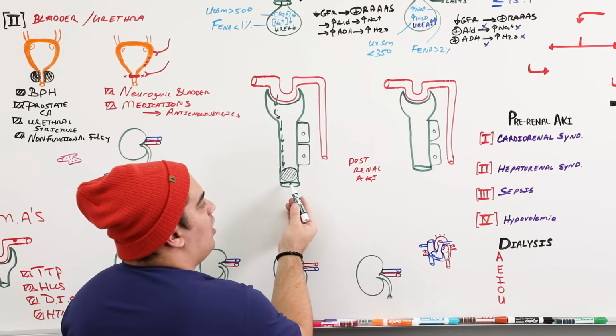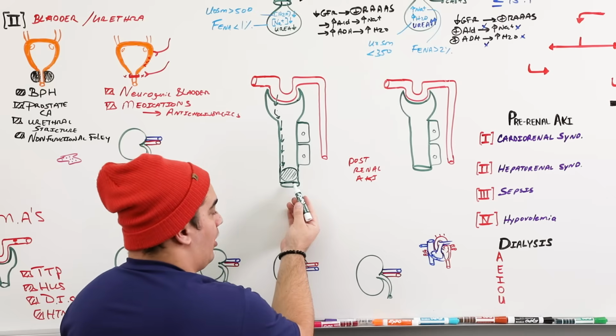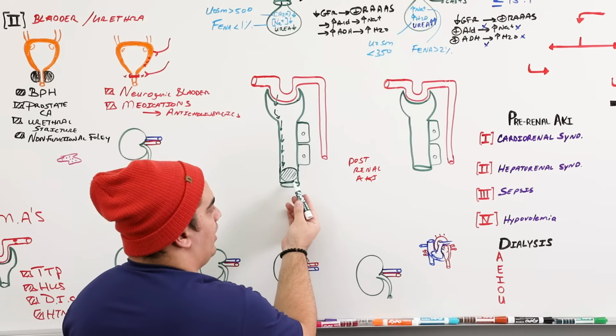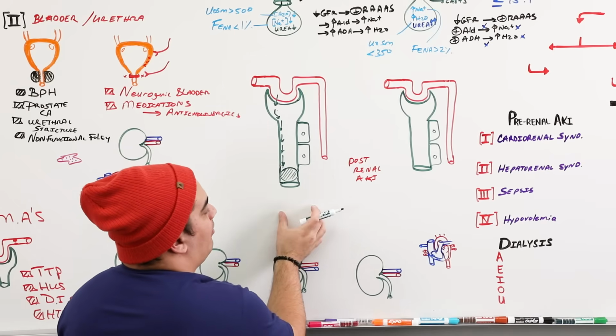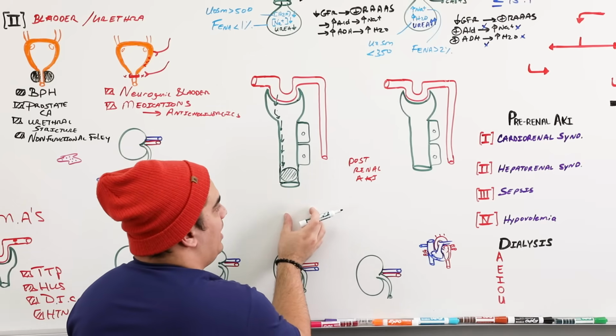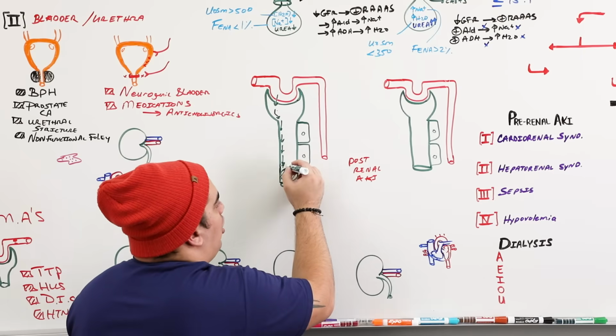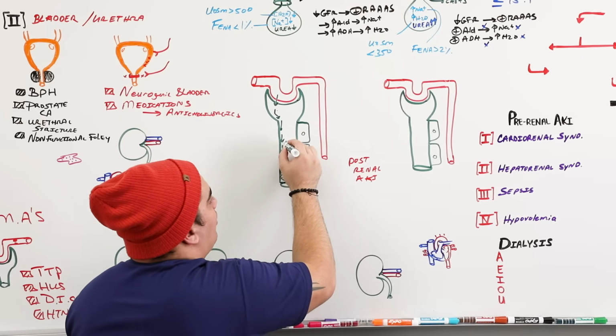But if you have something causing an obstruction, like a renal tumor, a renal calculus, a tumor compressing down on the ureter, or some type of bladder outlet obstruction like severe BPH, this may cause the pressure to increase.